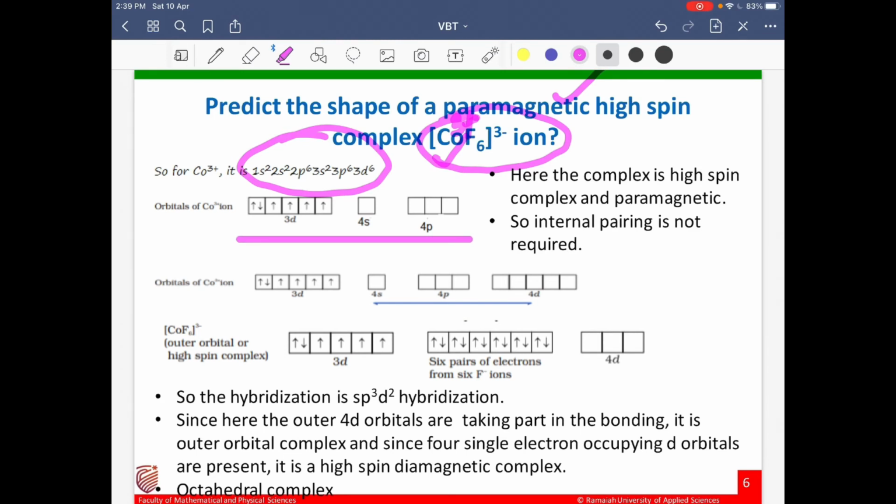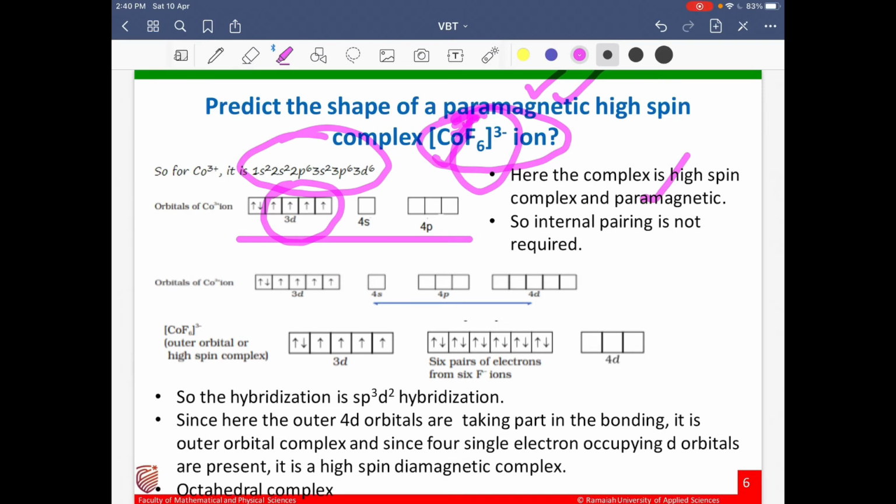Here the complex is high spin and paramagnetic. Paramagnetic in nature means if there are single electron occupied orbitals, no problem, because then it will show paramagnetic nature. 6 fluoride ions are joining. 6 fluoride ions joining means how many vacant orbitals in the central metal ion are required? 6.